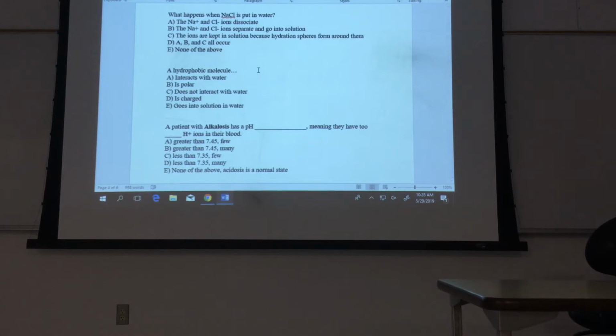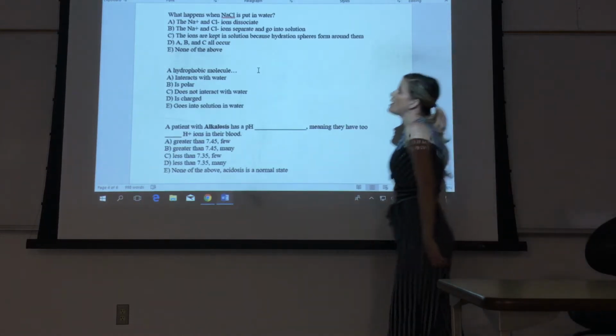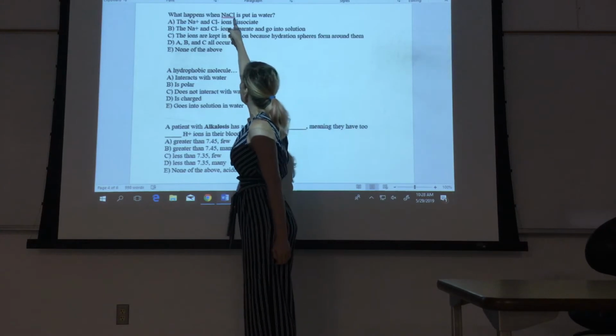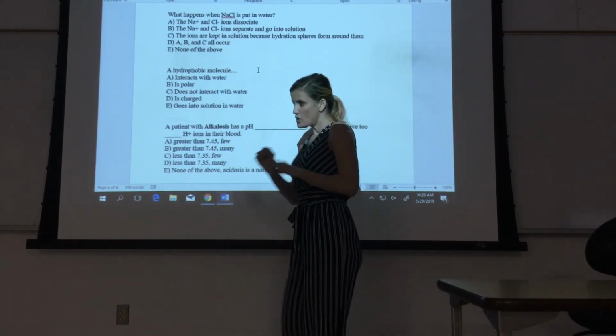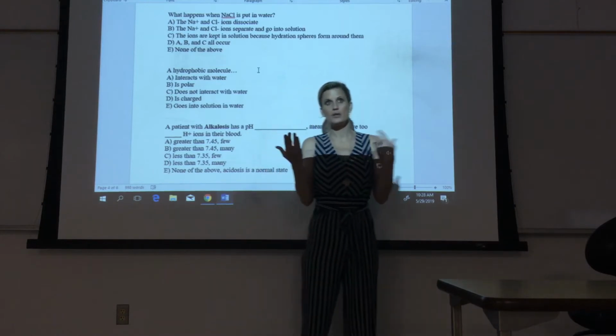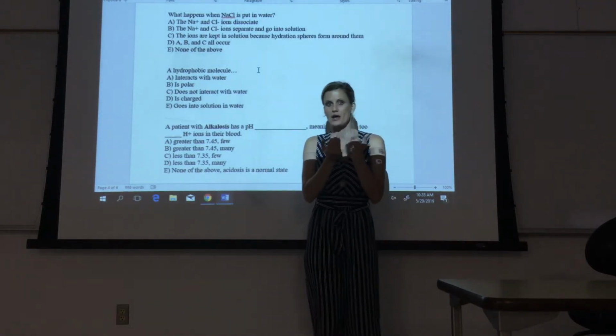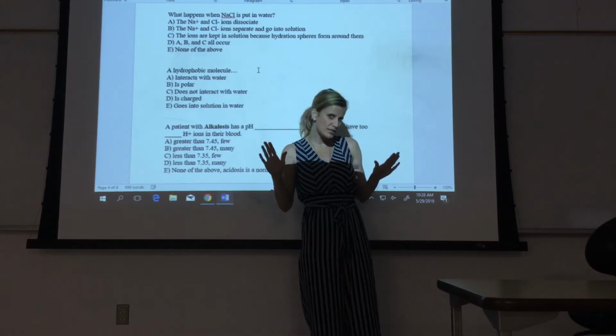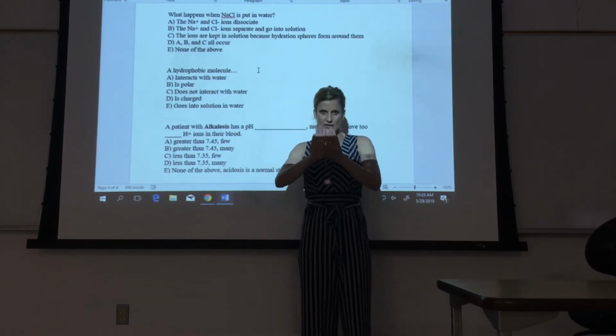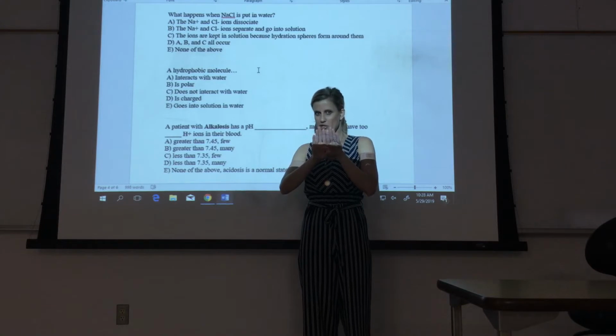Okay, so what happens when sodium chloride is put in water? Remember that sodium chloride, or sodium and chlorine, are held together with an ionic bond. Right? The sodium is a cation, the chlorine is an anion, and those positive and negative charges, the opposite charges attract.